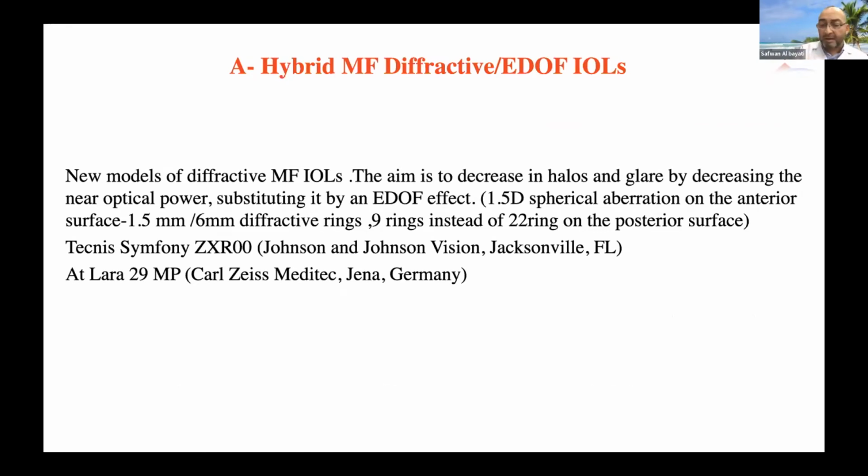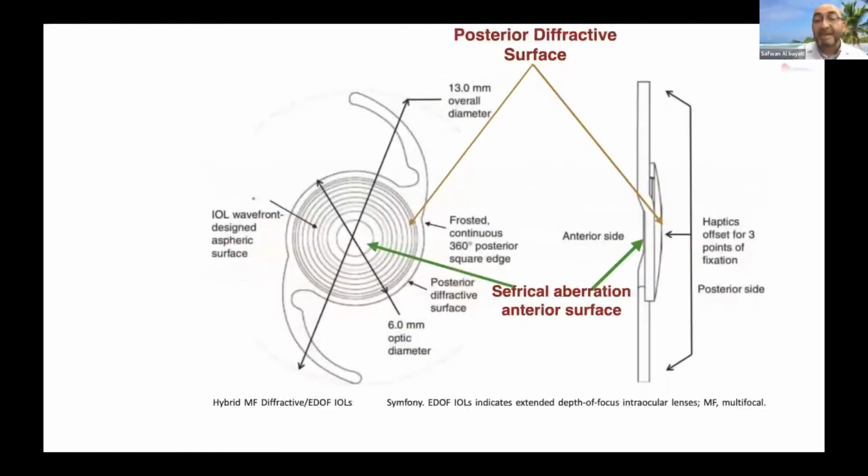And these are what we call Symphony. So the anterior side, as shown by this diagram, has the spherical aberration, and the posterior side has the diffractive plates.